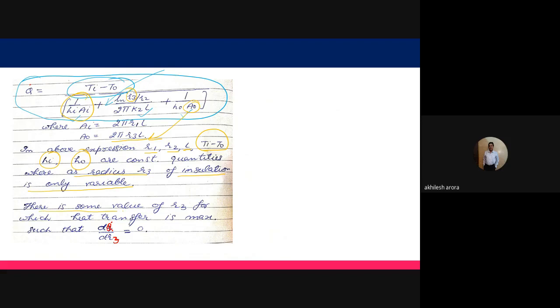So there is some value of R3 for which heat transfer is maximum, such that dq dot divided by dR3 will be equal to 0 at this particular point. Once again I have written this value of q dot, and here we have calculated the value of dq by dR3, and this is what you get.